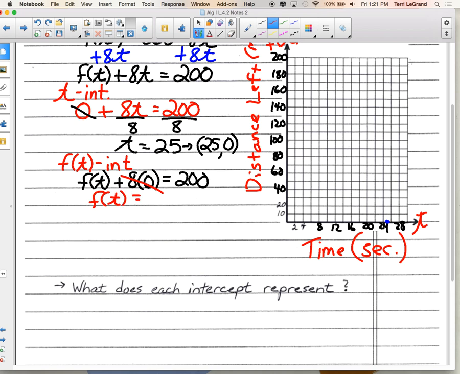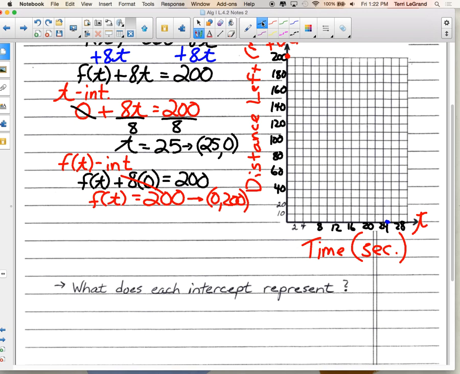Do not have to work very hard at all. Our y-intercept, also known as our f of t-intercept, is what? What's its ordered pair name? 0, 200. Okay, so we'll go put that one on our graph.